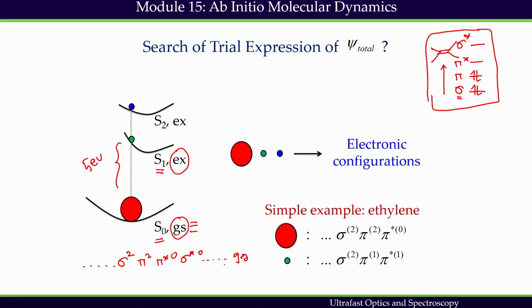For the excited state configuration, one can think again of dots, then sigma 2. One electron from pi can be excited to the pi star, and sigma star is 0. This is, let's say, one of the excited state electronic configurations.